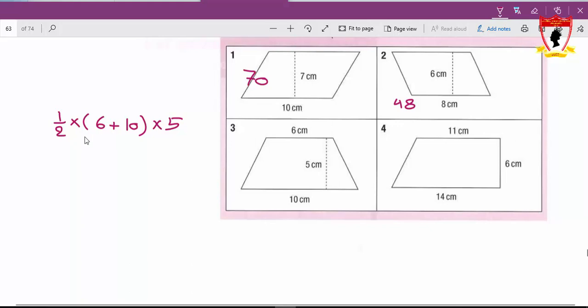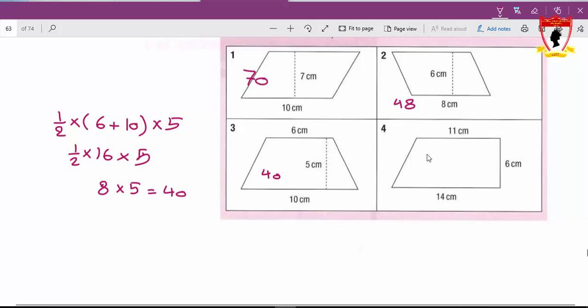Whenever you multiply something by 1/2, it means you are dividing it by 2. 6 plus 10 is equal to 16, multiplied by 1/2, then multiplied by 5. 16 divided by 2 is 8 times 5, it's equal to 40. So this area is 40 centimeters square.